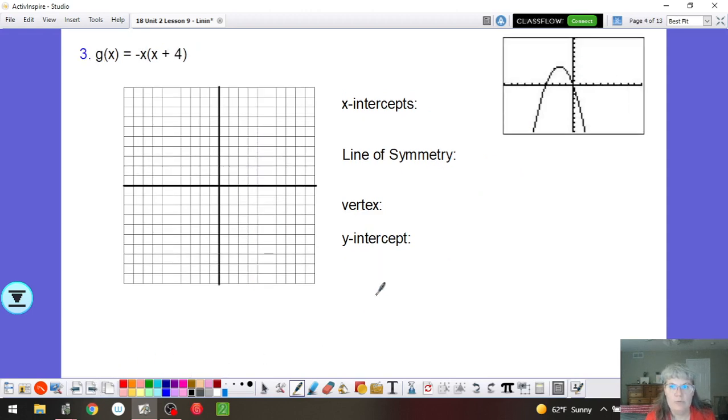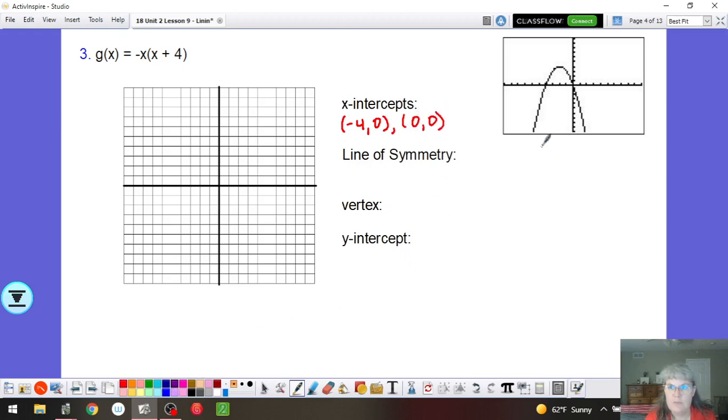If we look at number 3, again I have the graph in the corner here of negative x times (x plus 4). The intercepts are located at (-4, 0) and (0, 0).